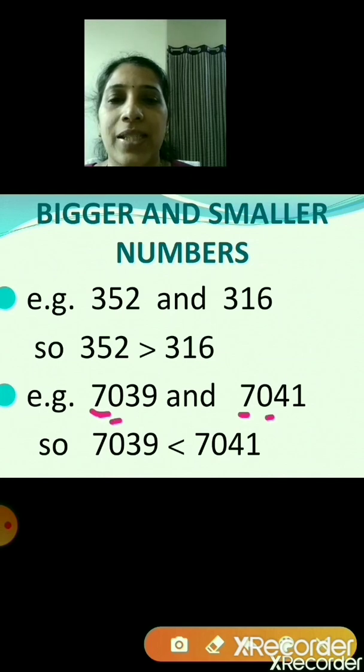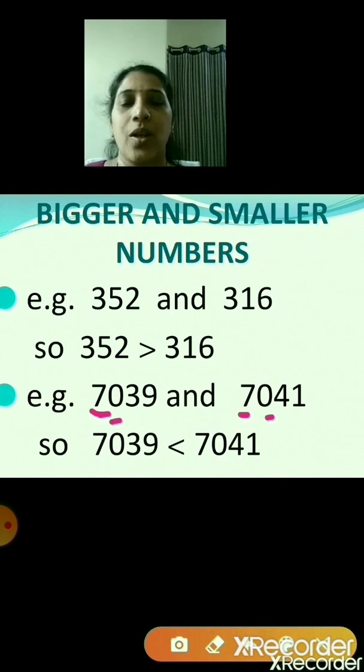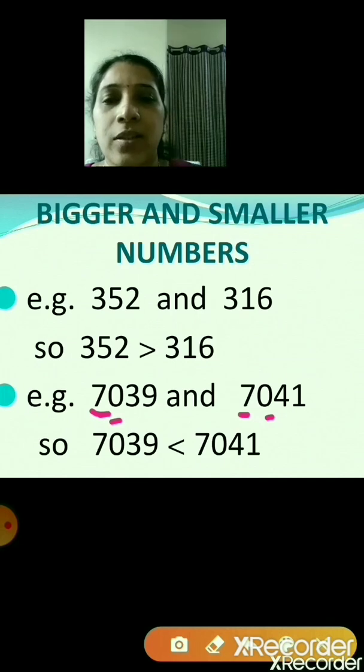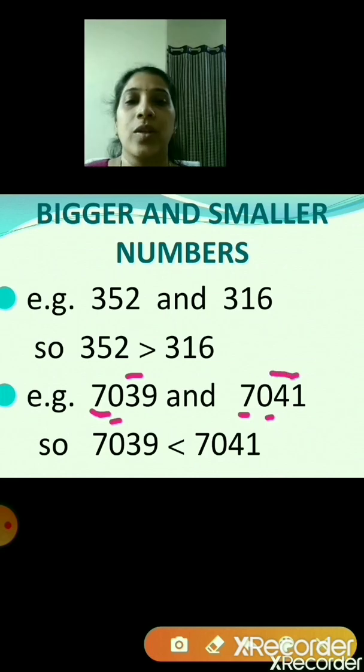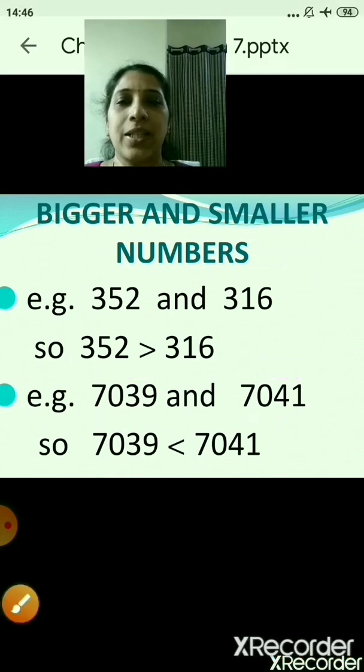Here also the next digit is 0. So we'll go to the third digit, that is 3, and on the other side it is 4, right? So 3 is smaller than 4. So 7039 is smaller than 7041. I hope students you are understanding what I am telling you.